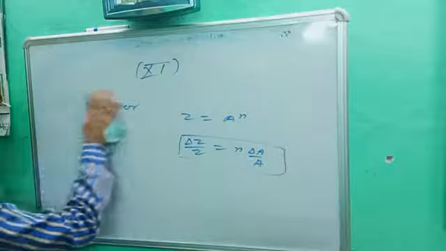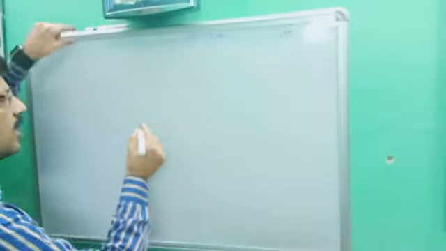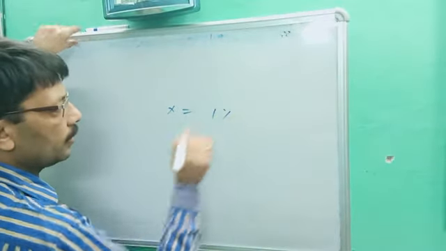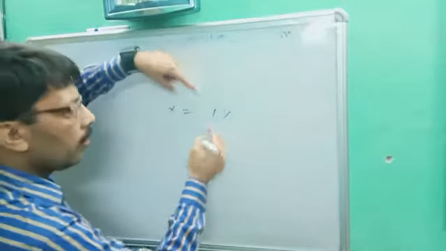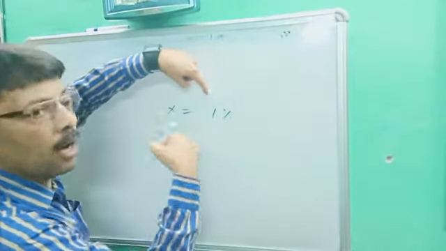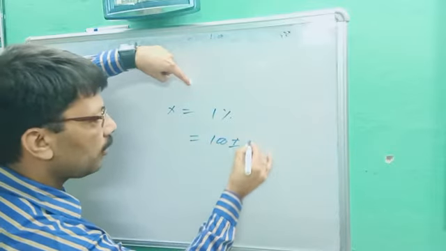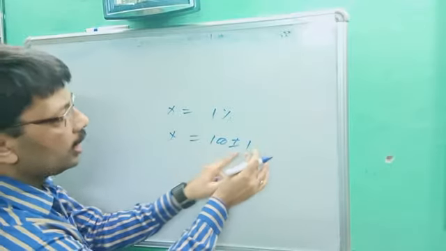Now we will do one numerical here. First see here, if any quantity is written, let's suppose any quantity is x and it is written as 1%. What does it mean? It means there is an error of 1 out of 100, or it could be written as 100 plus minus 1, both are the same. It will be x and it will be del x.